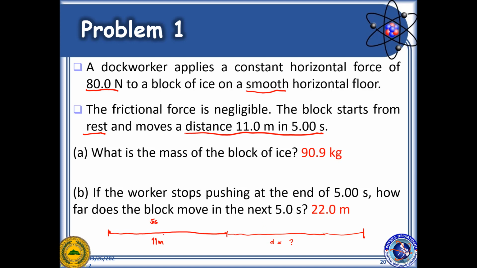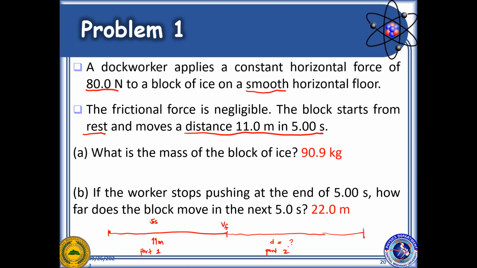So what we will do is to find the final velocity in the first 5 seconds, and then we will use it as the initial velocity for this motion. So this is part 1 of the motion, and then part 2 of the motion. The final velocity in part 1 will become the constant velocity here in part 2.